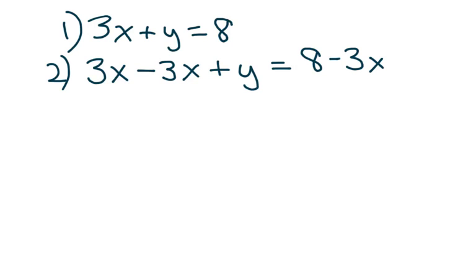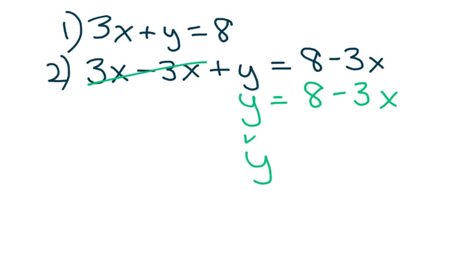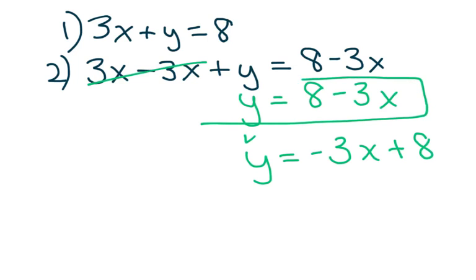Now what that's going to leave you is y equals 8 minus 3x. And we solved this for y in terms of x because y is on one side and everything else on the other. Now if you want, you can rewrite this and put the negative 3x first and the positive 8 last, but this is basically what we're doing today.